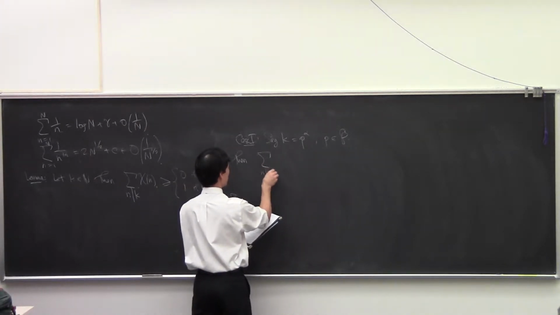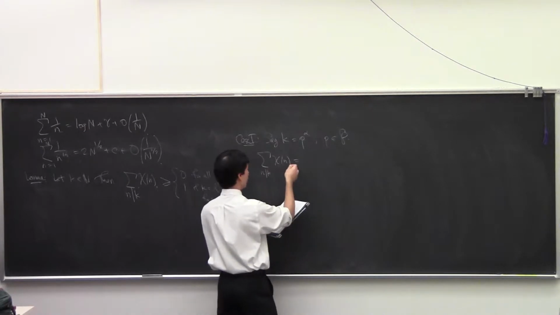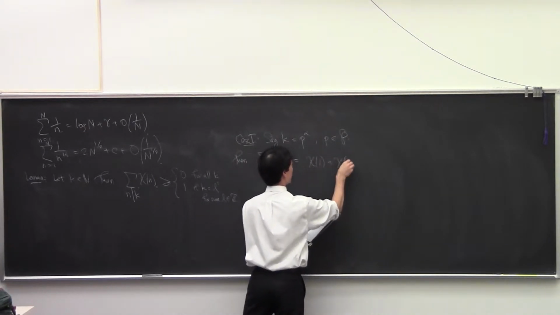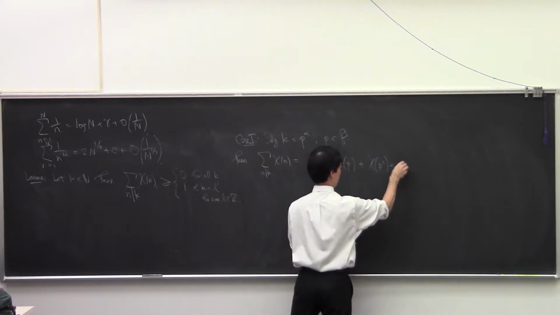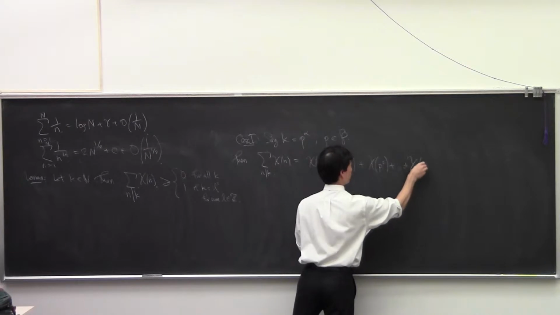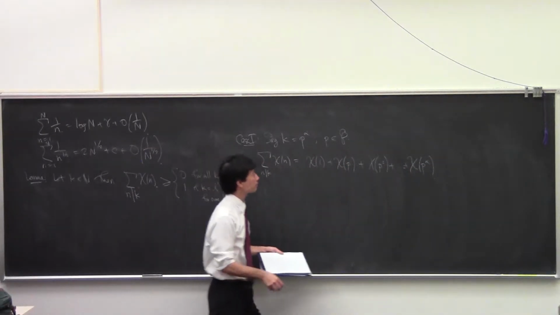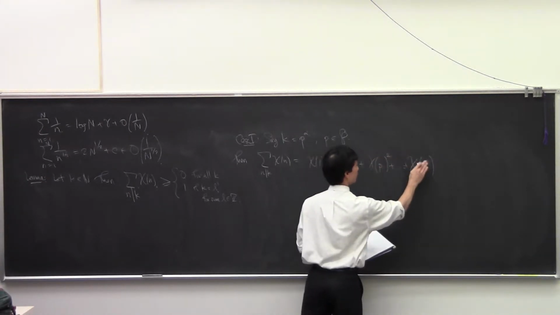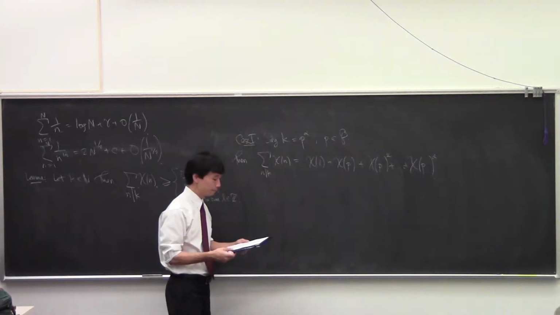What are the divisors? The divisors are, of course, 1 and p and p squared, up to p to the alpha. By multiplicativity, you can pull the alphas out.